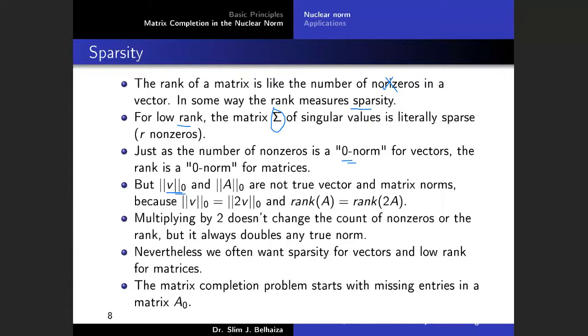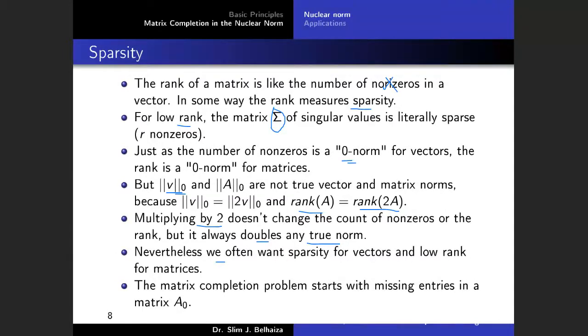So for example, the norm 0 of V is equal to the norm 0 of 2V, and rank A is equal to the rank of 2 times A. Okay? So multiplying by 2 doesn't change the count of non-zeros or the rank, but it always doubles any true norm. Okay? So nevertheless, we often want sparsity for vectors and low rank for matrices.